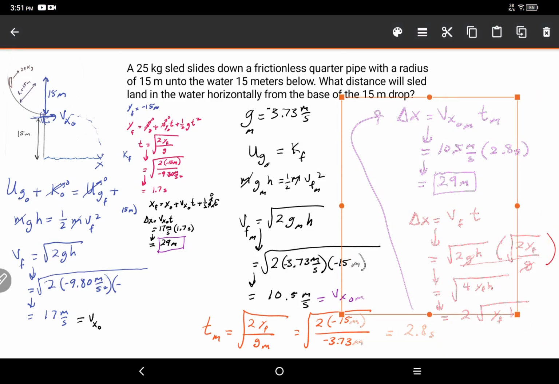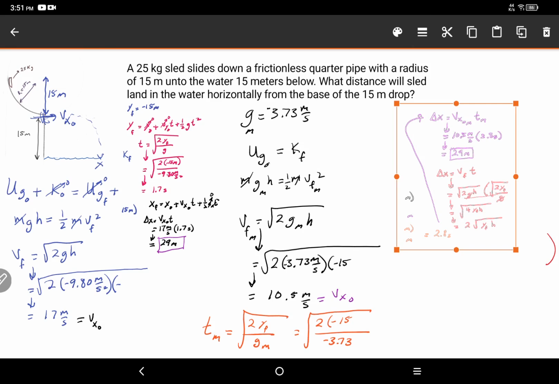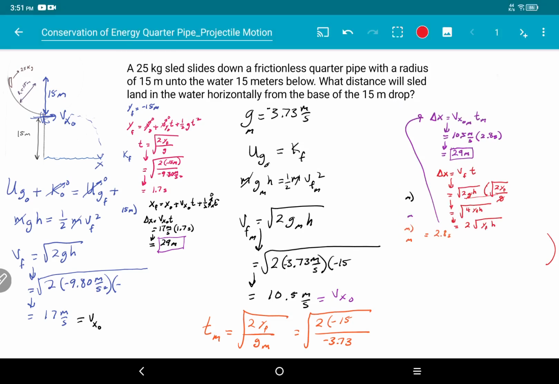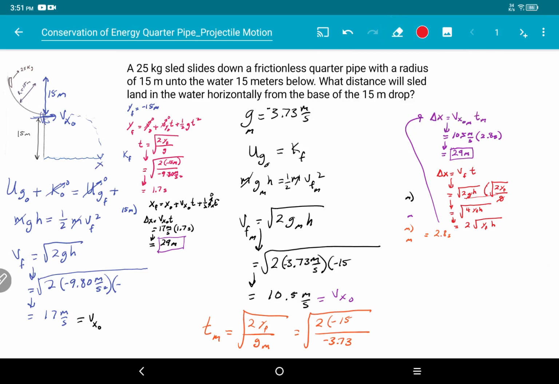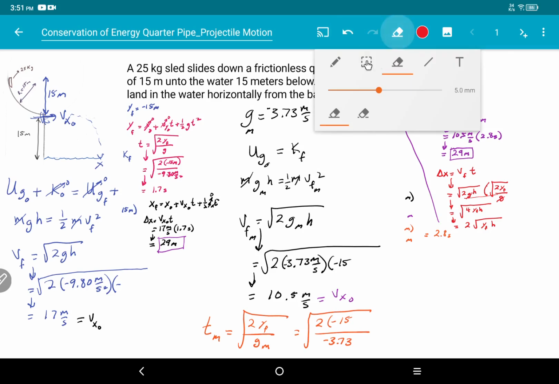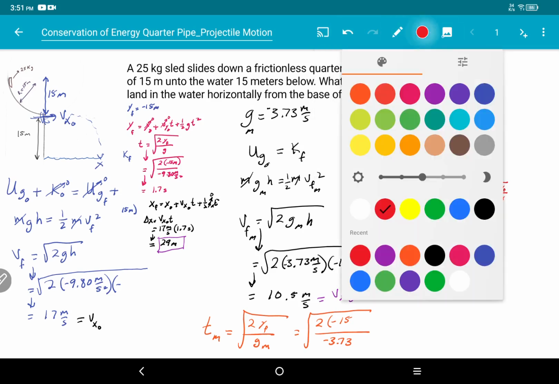Okay, let's move this over here. Let's look at projectile motion. And we could do this way. I'm going to erase that parenthesis. And let's pick a different color. Let's try green.